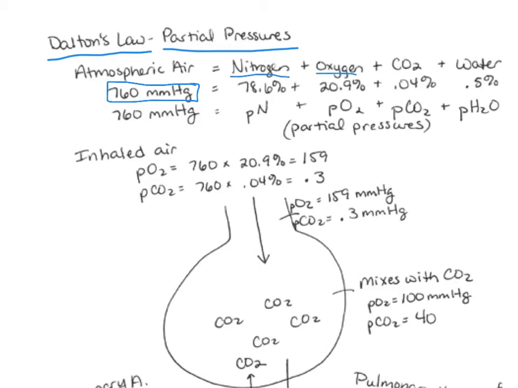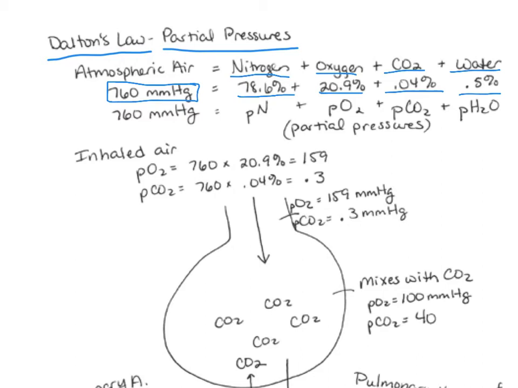There's nitrogen, oxygen, carbon dioxide, and water vapors in the air. Of that 760 millimeters of mercury, 78.6% is nitrogen, about 21% is oxygen, 0.04% is carbon dioxide, and 0.5% is water. So we don't have a lot of carbon dioxide in the air.